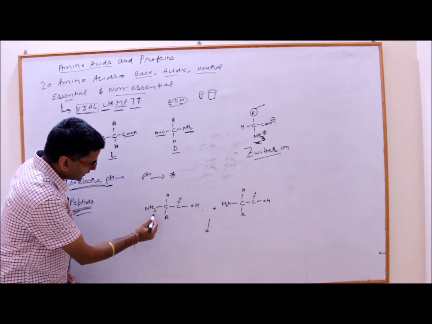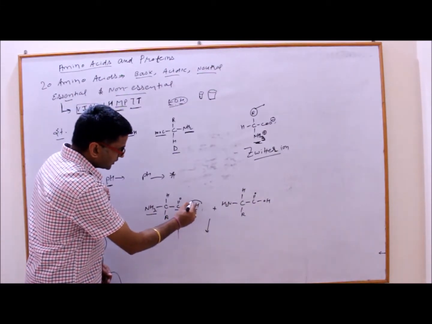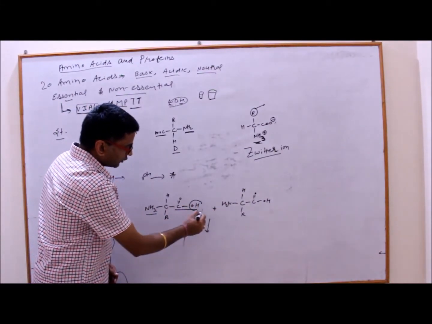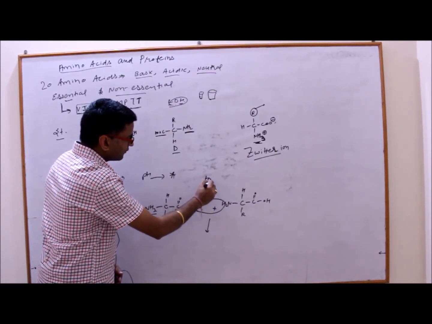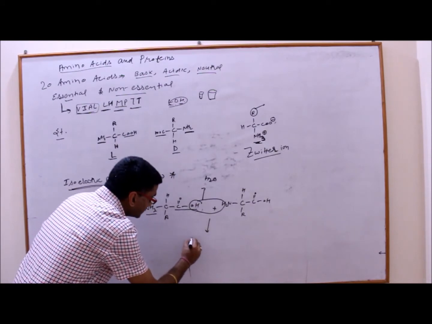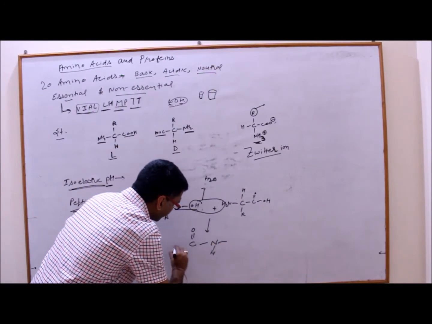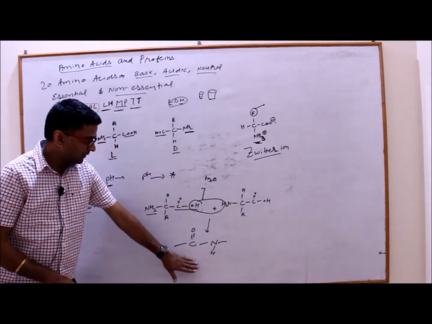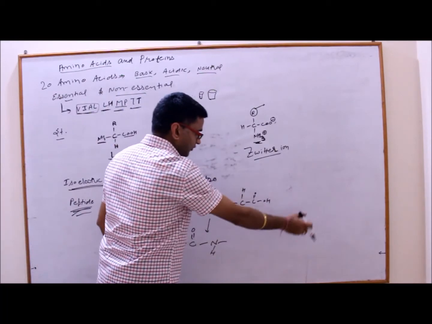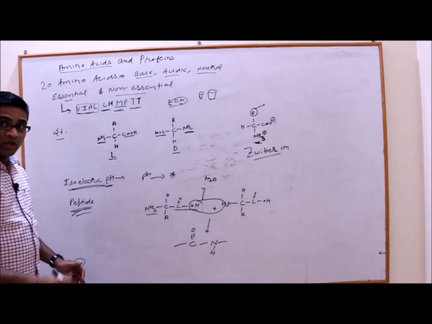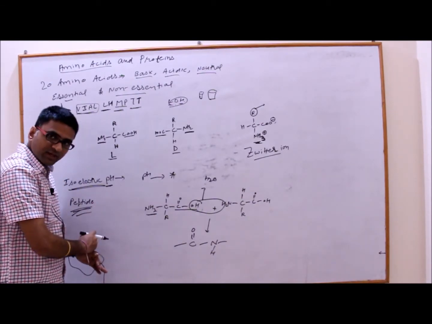So what happens is NH2 is on left hand side, COOH on right hand side, this OH and this hydrogen from the NH2 group are removed as water, and we get here a C double bond O NH group. This linkage is called the peptide linkage. Okay, so if there is another amino acid, we will get a tripeptide also. By convention, NH2 is always kept on left hand side.